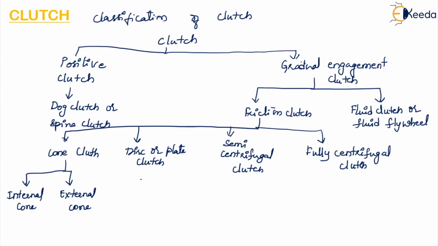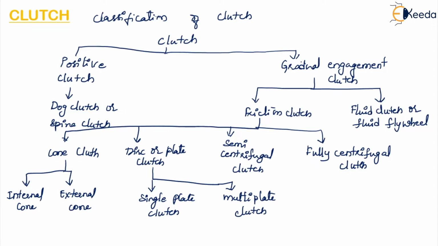The disc or plate clutch is of two types, single plate clutch and multi plate clutch. Then the multi plate clutch is of two types again, the dry clutch and the wet clutch. So this is the classification of the clutches.